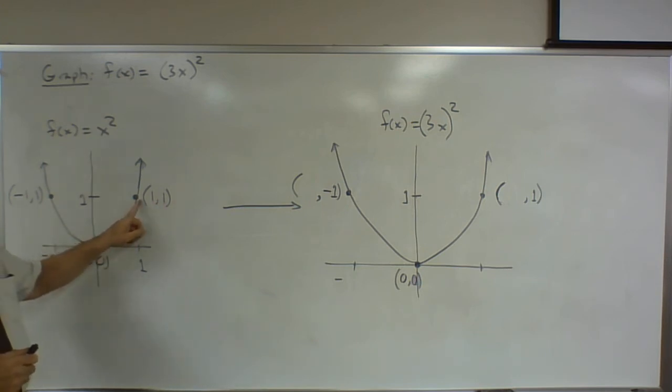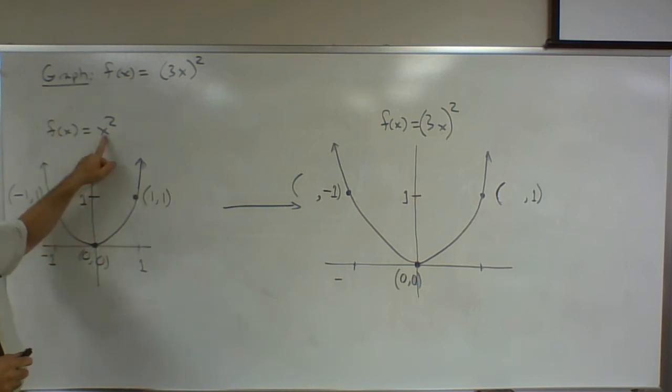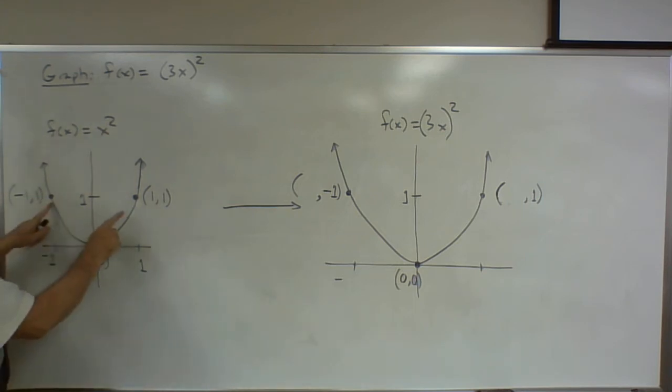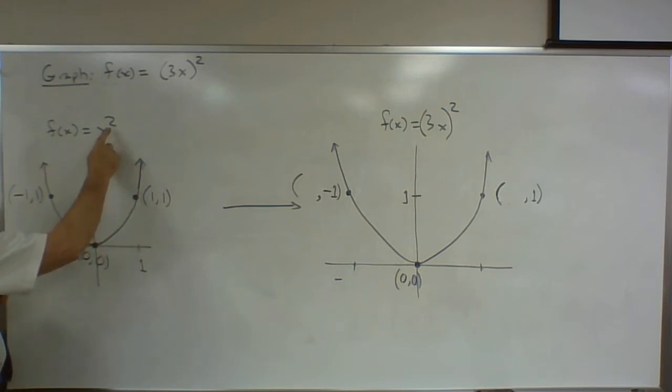So if we want the y-coordinate to be 1, whatever it is that we're squaring, -1 or +1, has to be 1 when we square it.